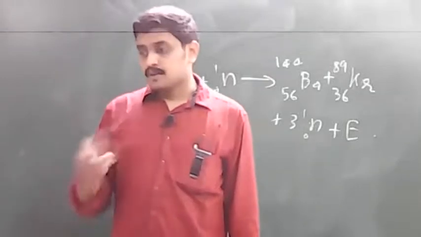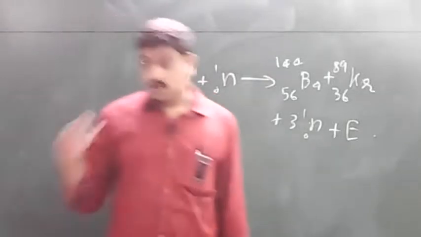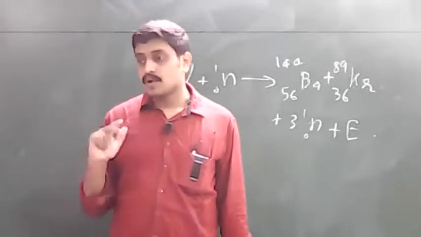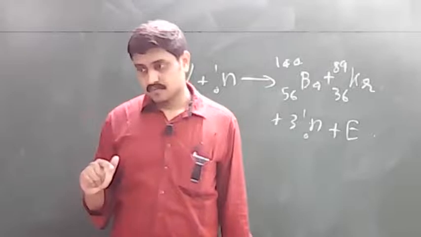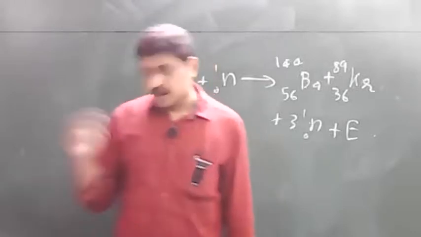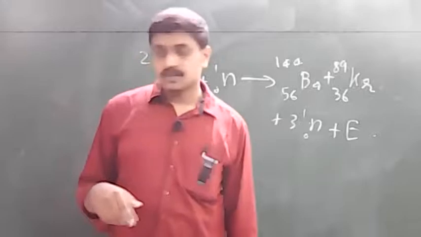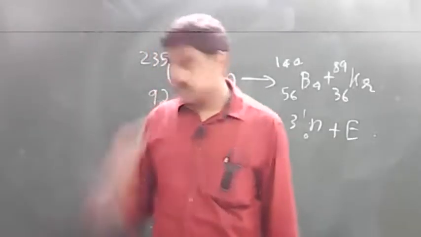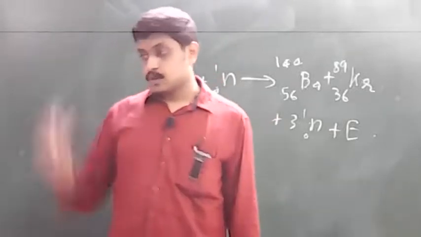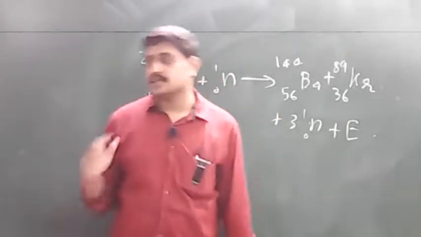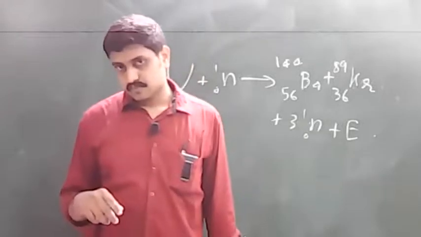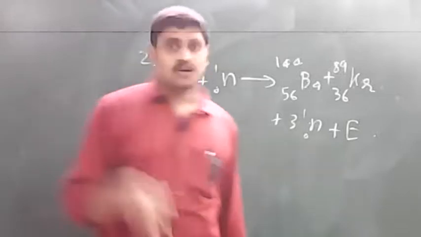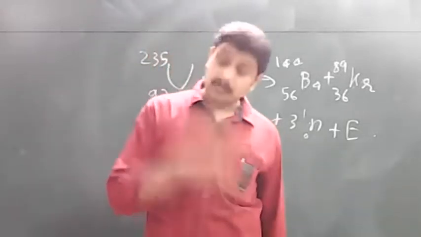In radioactive decay, the nucleus emits either alpha, beta or gamma. Gamma is also emitted, but it's not very large. But in the case of fission, a huge amount of energy is released, even compared to gamma.